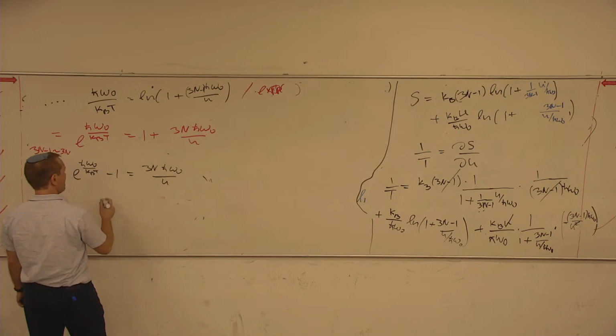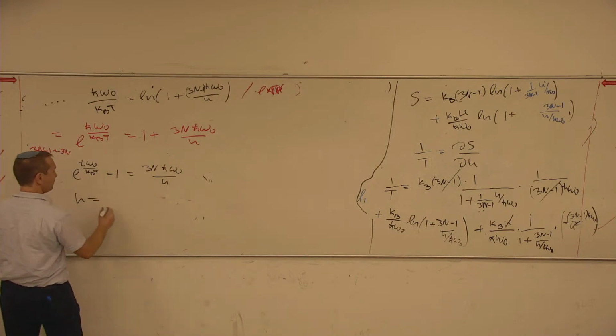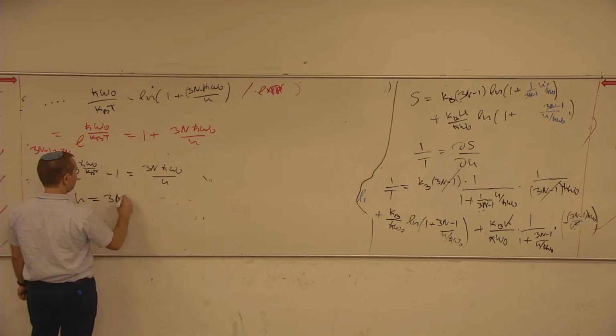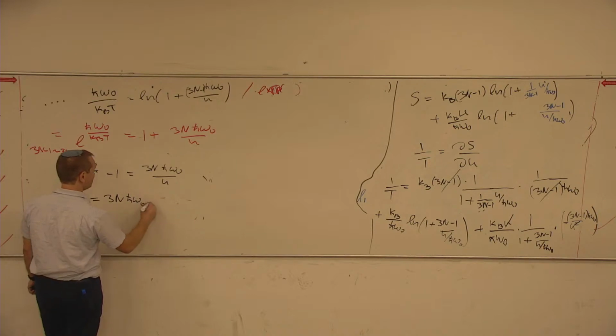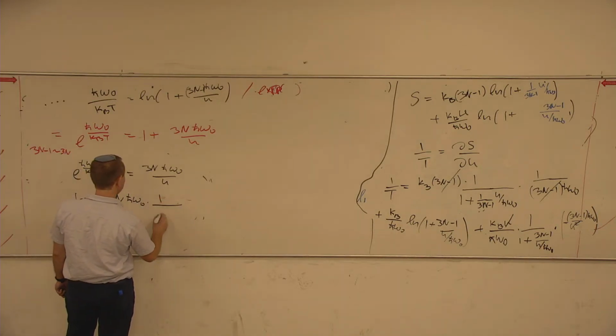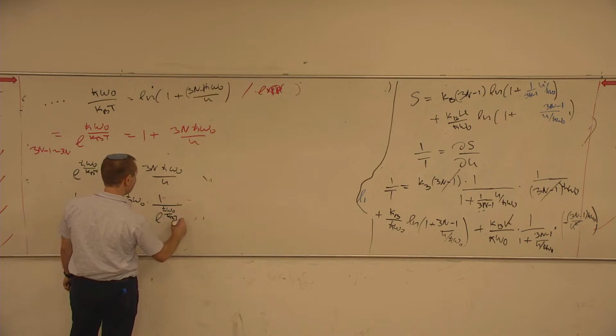Okay. So we are getting that U equals 3n h bar omega 0 multiplied by 1 over e to the h bar omega 0 divided by k Boltzmann T minus 1.